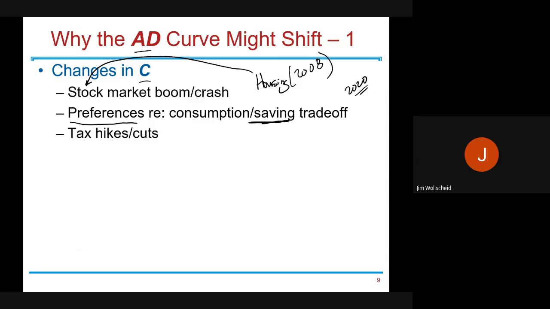One, because they decided to save more money as a worry of the pandemic, or other reasons. But when savings increases, so remember back from chapter 13, we talked about savings increases. This actually causes consumption to fall. So when we save more money today, that actually causes aggregate demand to shift left.